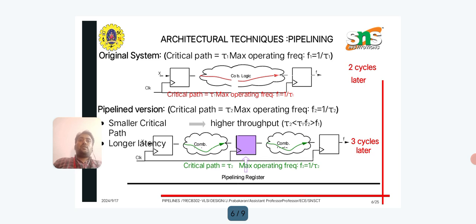Tau 2 is for the pipelined version, and tau 1 is the critical path of the original system. Whereas the operating frequency of the original system is limited by the longest combinational logic delay, the pipelined version can be operated at a higher frequency because the critical path per stage is shorter, meaning f2 is greater than f1.